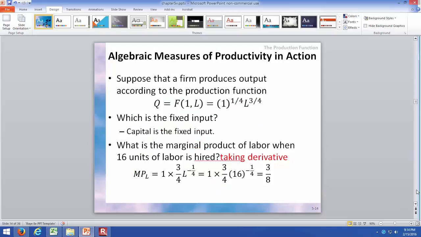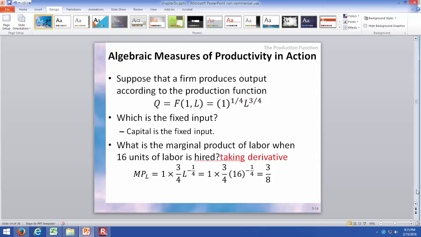Okay. So let's look at an example. Suppose that a firm produces output according to the production function F(K, L) equals K raised to 1/4, L raised to 3/4, where capital is a fixed input. So basically here we are assuming that the capital is fixed. And what is the marginal product of labor when 16 units of labor is hired?